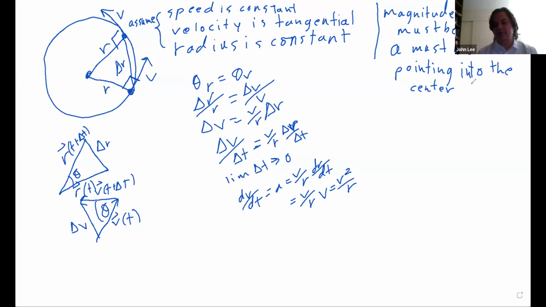Therefore, all of the acceleration has to be perpendicular to the tangential velocity. Therefore, all of the acceleration has to be pointing into the center of the circle.